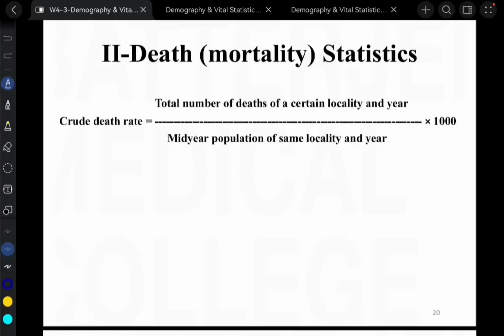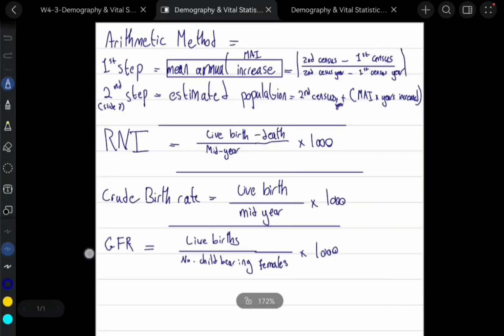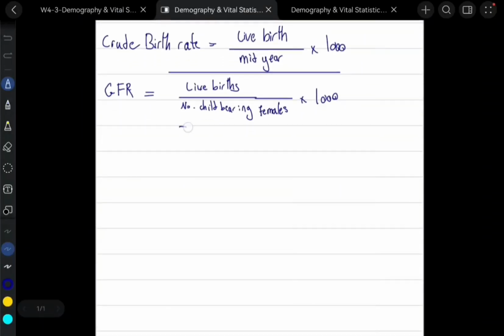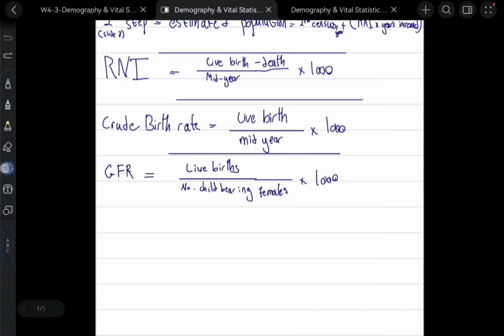Now, for the death or mortality statistics, again, the same concept here. Crude death rate is the total number of deaths over the mid-year population of the same locality and year. Actually, let me change the color and the size of these.